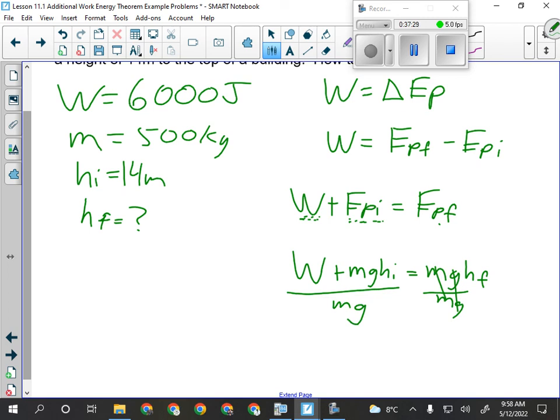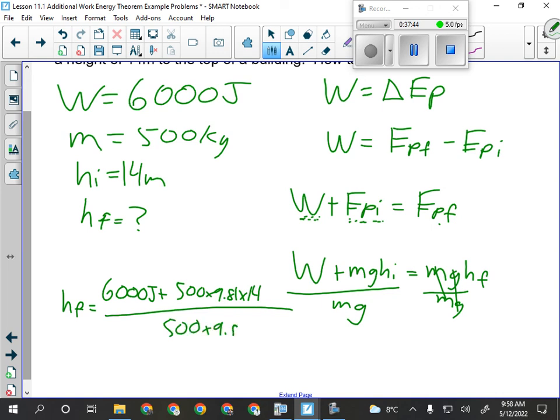Our final height is going to be 6,000 joules plus 500 times 9.81 times 14, our initial height, divided by 500 times 9.81. Okay.